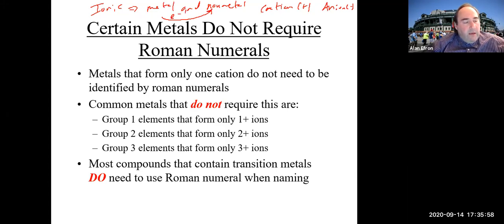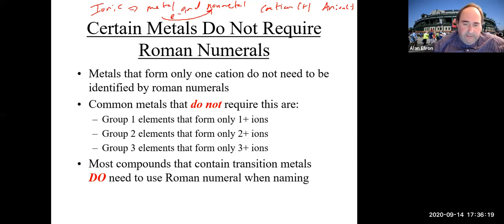So they all have fixed charges, and when you have a metal with a fixed charge with a non-metal, that is sometimes referred to as a type 1 ionic compound, which basically means to name those, you simply use the whole name of the metal and -ide on the second part of the name, regardless if there's two of them or anything like that.